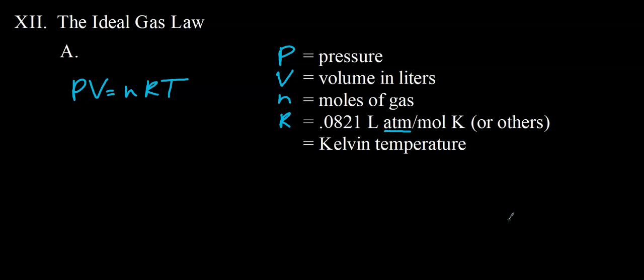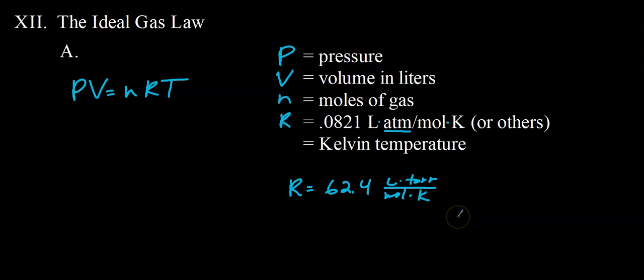I mentioned before, atmospheres are the most common unit of pressure used in chemistry. In fact, that makes this the most common value for R, but there are others. If the pressure is in torr or millimeters of mercury, then R has a value of 62.4. Take a look at the units: liter atmosphere per mole Kelvin is how we read that.